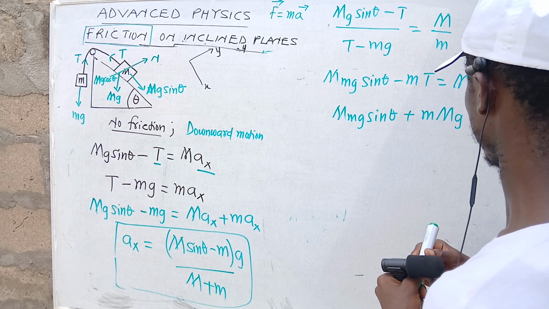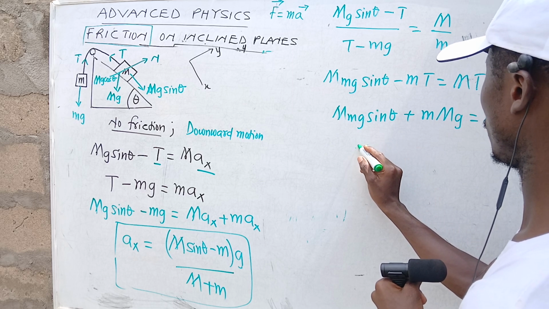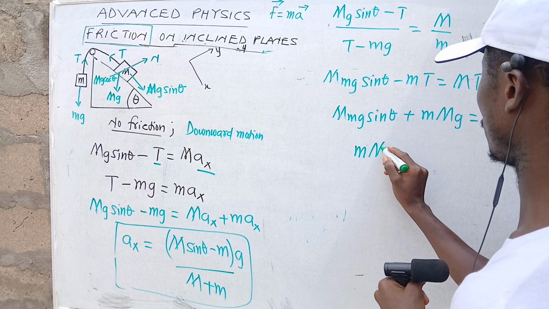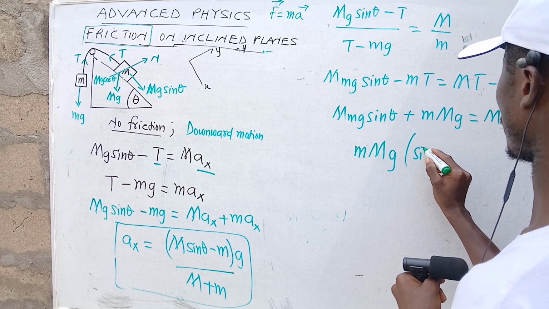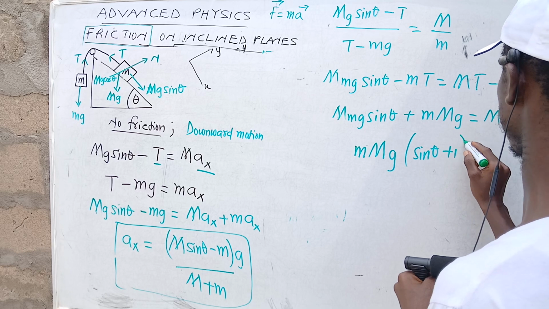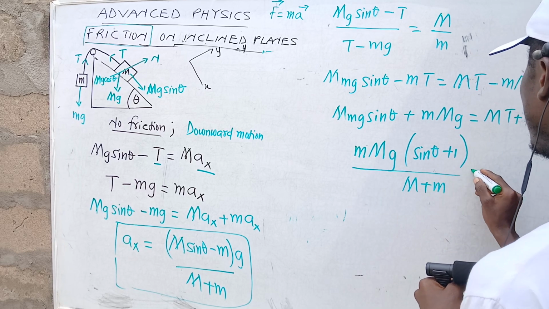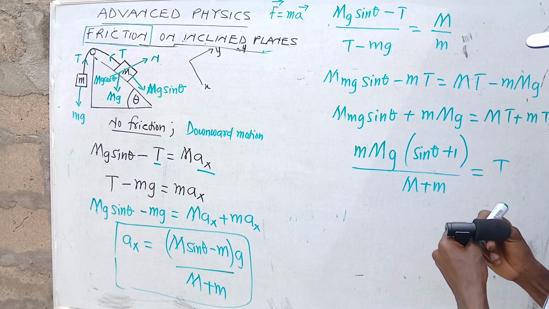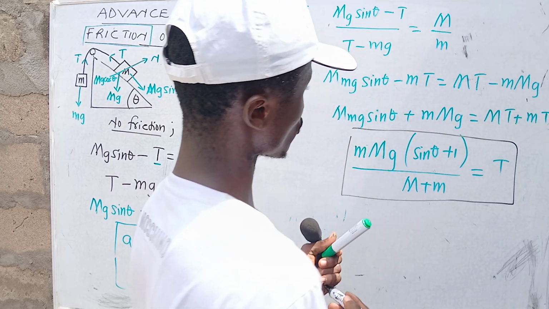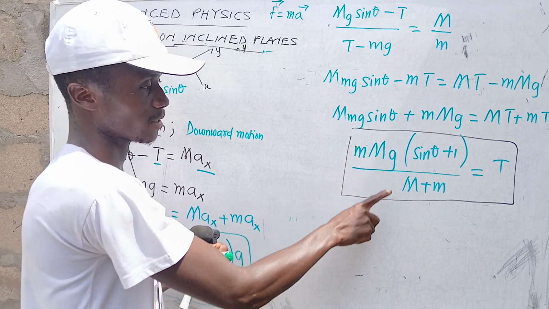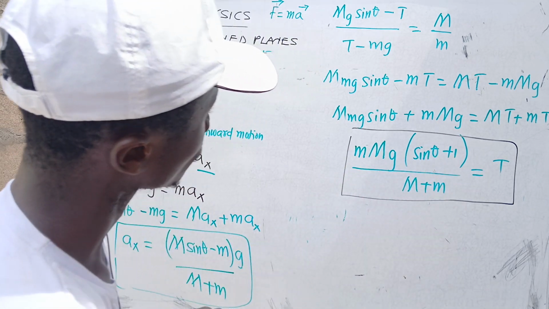So then we have g out of sine theta plus 1, divided by M plus m, that is equal to T. So the tension in the string would be equal to small m capital M times g times sine theta plus 1 divided by M plus m.